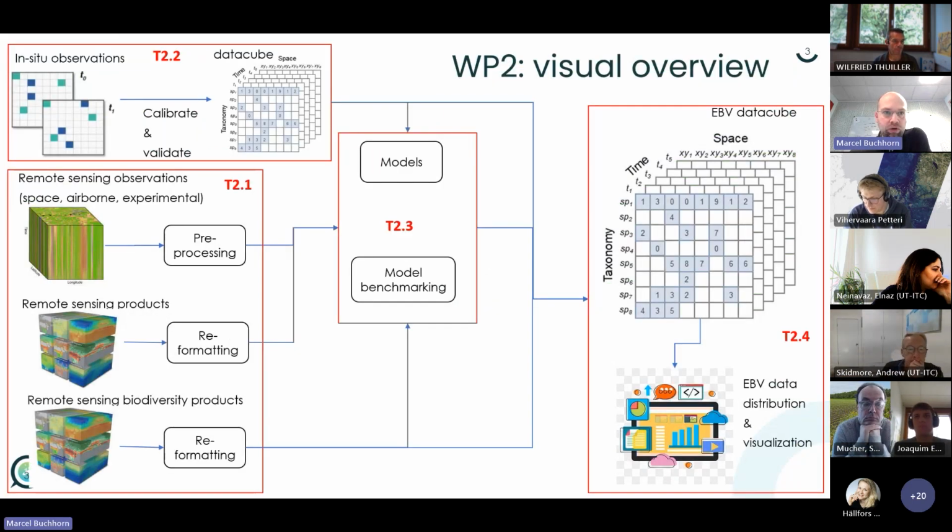That is just a visual overview of how we will do the work package within the project. As you can see here, we have remote sensing data, remote sensing products, and remote sensing biodiversity products, and all of these can later go into data cubes or EBV data cubes and be available to the public.